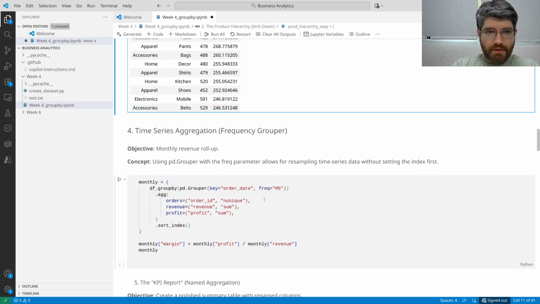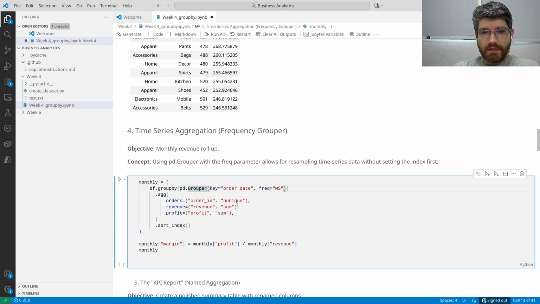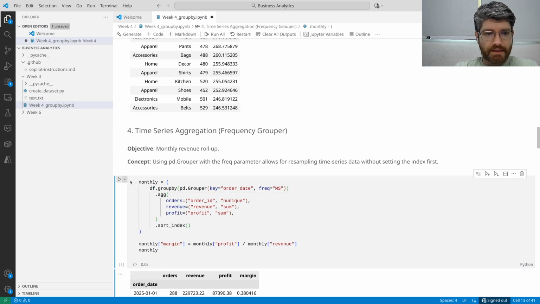Next we are going to showcase the time series with a stable frequency. Pattern 4 is our time series. We cannot group by raw timestamps. We use pd.Grouper, where we provide the frequency, and the frequency is month start, MS. This buckets all dates into clean monthly periods, essential for our trend analysis.